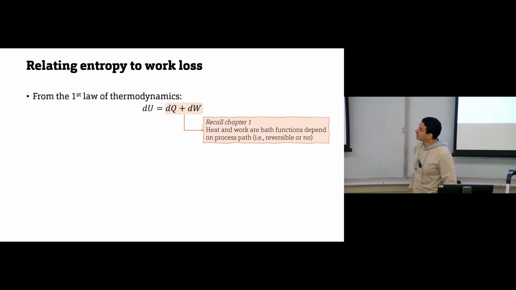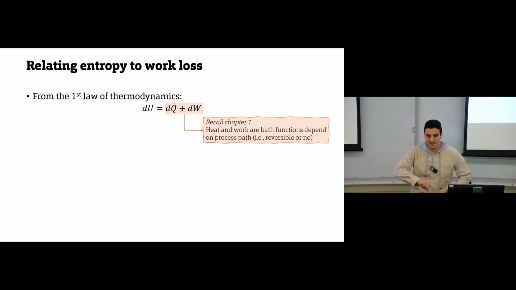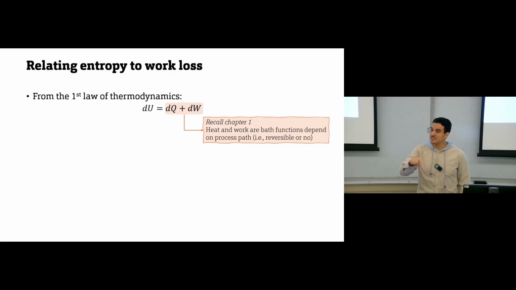So heat and work are dynamic forms of energy, and these are also path function properties that depend on the process. If the process is reversible or irreversible, with the same initial state and the same final state, you have different values for heat and different values of work. Q and work depend on the path of the process.